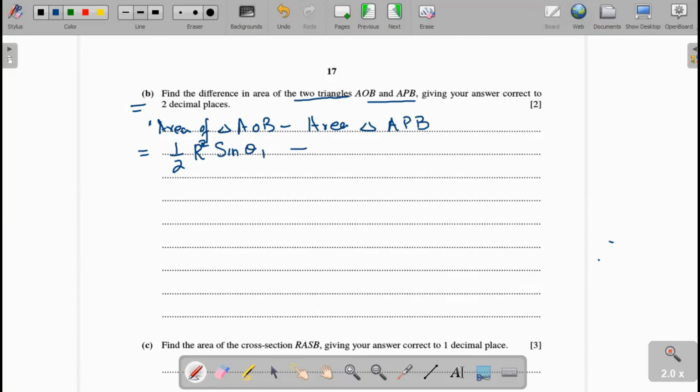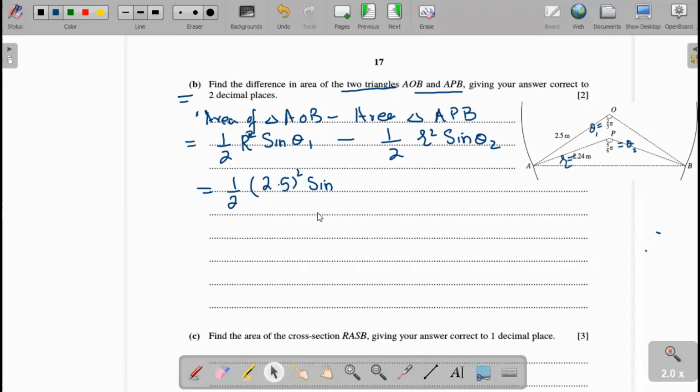And the same as 1 over 2 small r squared sine theta 2. You know the radius of the bigger circle is 2.5 whole squared, and sine theta 1 is 2 pi over 3. Now minus 1 over 2 into r squared, 2.24 whole squared, and sine theta 2, this is 5 pi over 6.